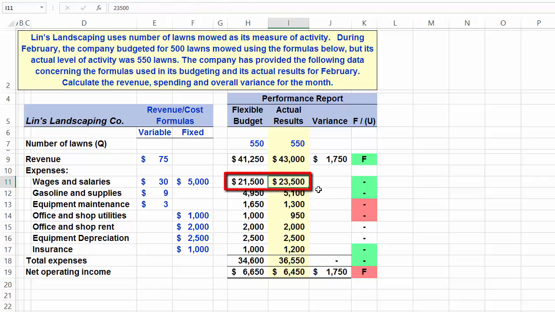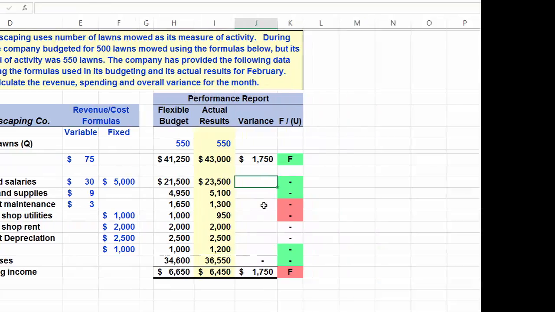Instead, we paid $2,000 more. I'm anticipating perhaps because we mowed more lawns than anticipated, and perhaps we did some other services like clearing up limbs and leaves and maybe doing some hedge trimming, etc., that perhaps we paid some overtime to people.